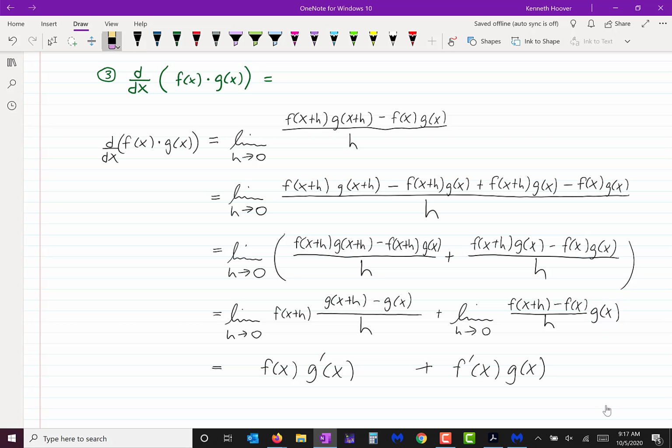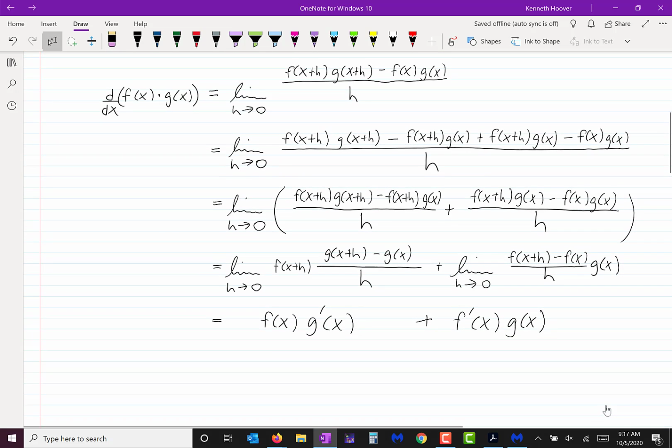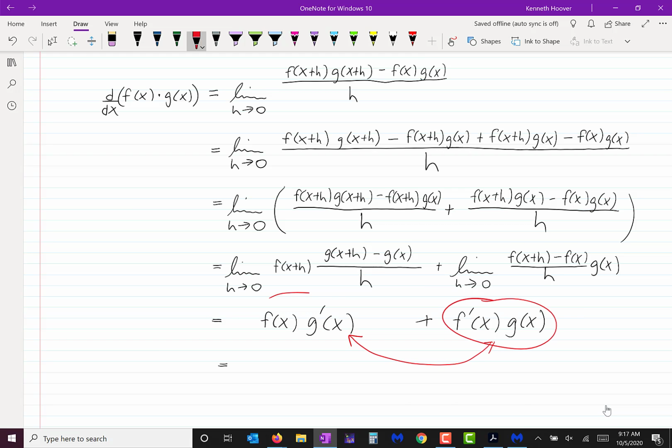Now, I personally, and everybody I know, prefer to swap these two and write it like this: f prime times g plus f times g prime. That's how people usually write it.